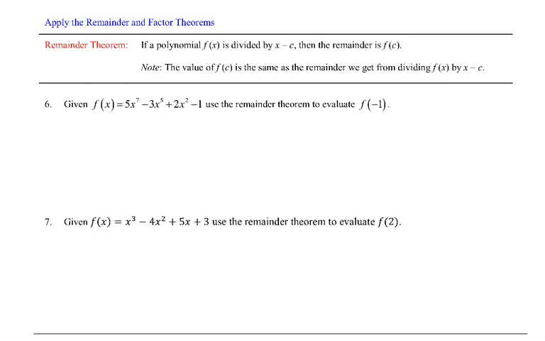Okay, so the remainder theorem states if a polynomial f of x is divided by x minus c, then the remainder is f of c. Note that the value of f of c is the same as the remainder we get from dividing f of x by x minus c. So let's use the remainder theorem to evaluate f of -1.